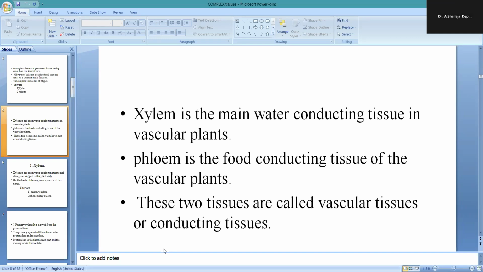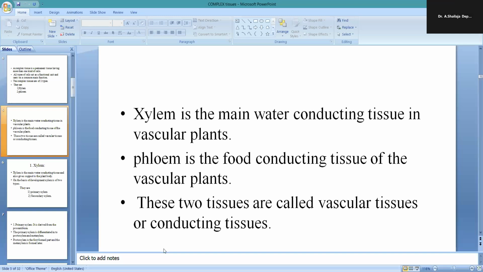Plants having a well-developed vascular system are included under one phylum, that is Tracheophyta. So all vascular plants come under one system, the vascular system.